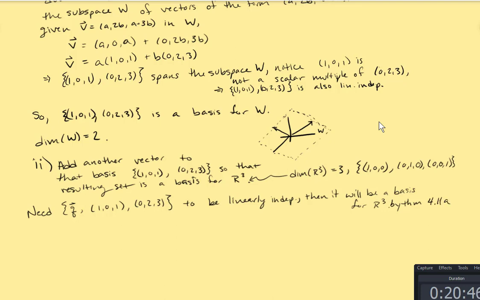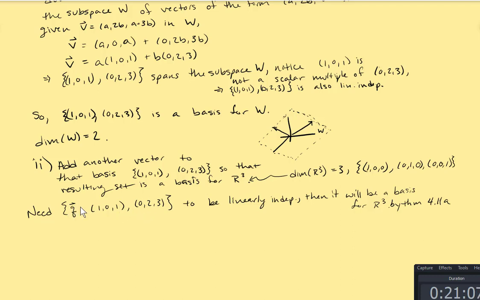Right. Well, this is easy to do. We just need to find this vector q that's linearly independent with these two, meaning it cannot be written as a linear combination of them. But remember, these two exactly describe the space W, in the way that anything in W can be written as a linear combination of them.